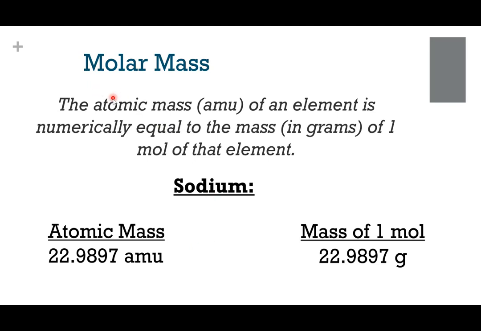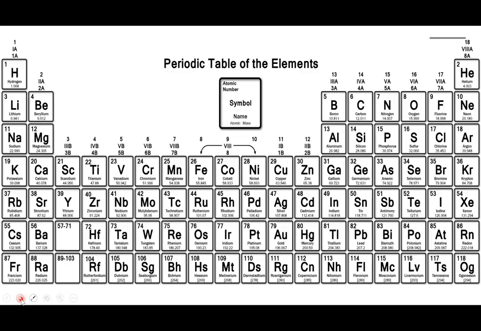The atomic mass in AMU, I'm going to click forward real quick, is that number at the bottom of the periodic table. The example that I have on the slide is sodium. So here's sodium, and I see that the atomic mass is 22.9.